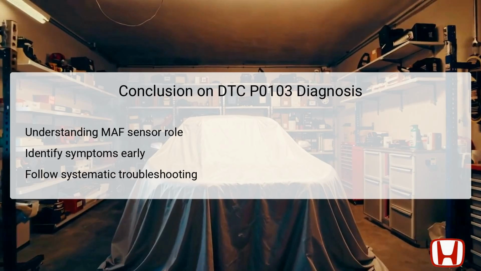Furthermore, verifying repairs through proper testing and preventive maintenance can significantly decrease the chances of recurrence. Being thorough in each step guarantees that the vehicle functions optimally, providing the best possible performance while preventing unnecessary emissions.